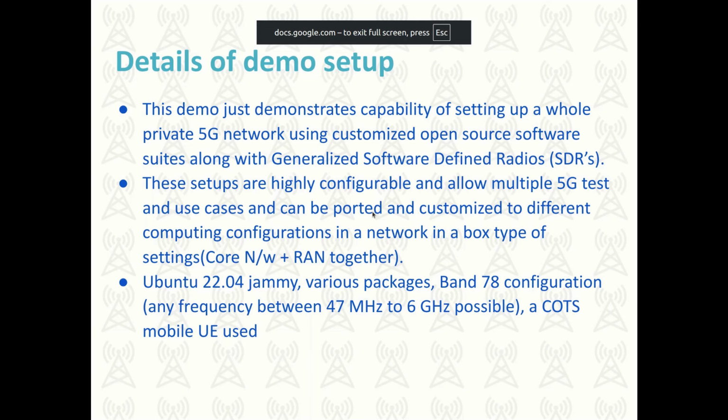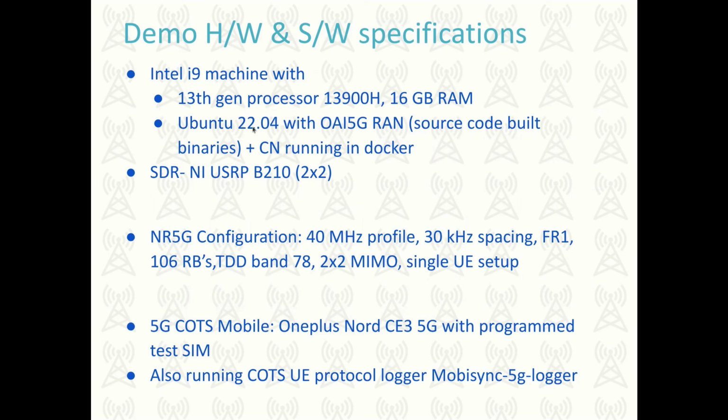Okay, so coming to the demo setup. I'm running everything, core network and RAN, together. So this is the exact setup I am using. 13th Gen processor, 16 GB RAM, Ubuntu 22. Source code I have built myself for the RAN part, and the core network I am running in Docker mode. I will be using a USRP B210.